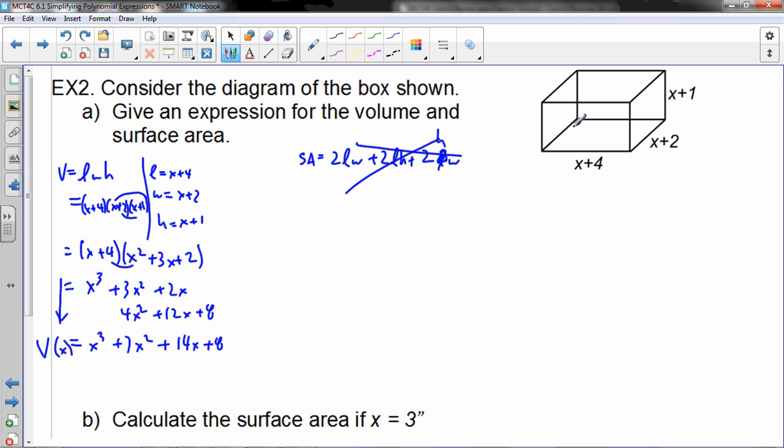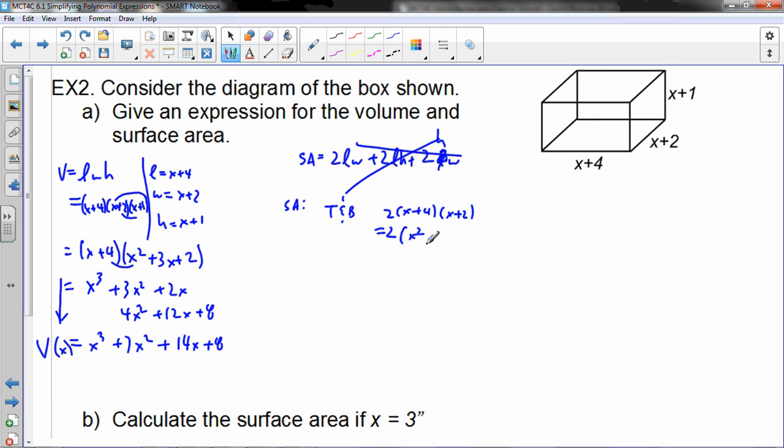What I think of is just adding up all the faces. So for instance, the top and the bottom here is this rectangle and this rectangle, and what are the dimensions? Well, they're x plus 4 times x plus 2, but there are 2 of them. And so I could get an expression for those 2 rectangles.